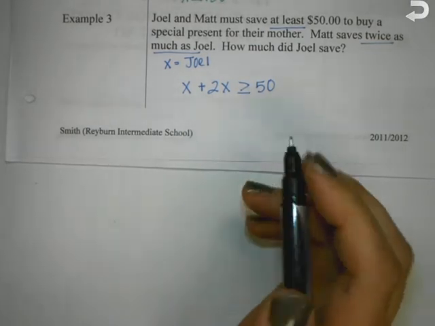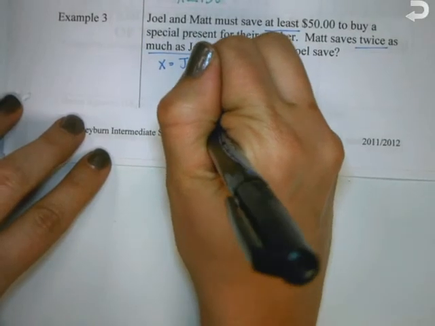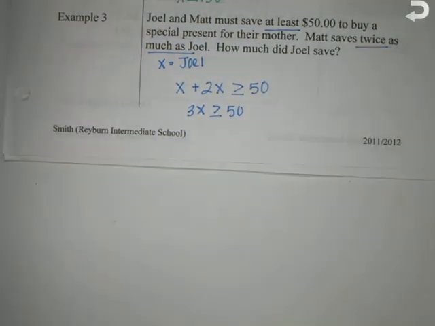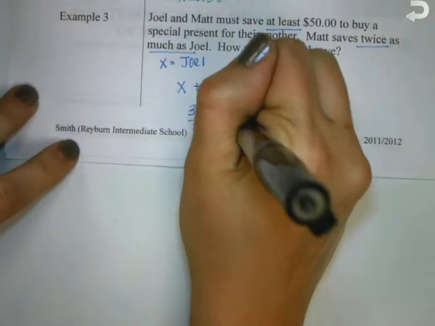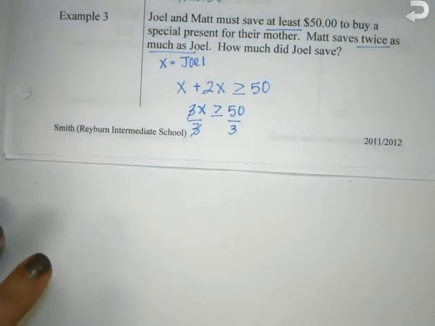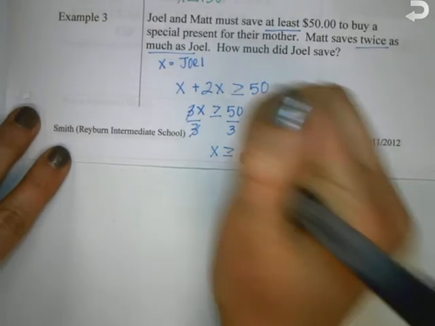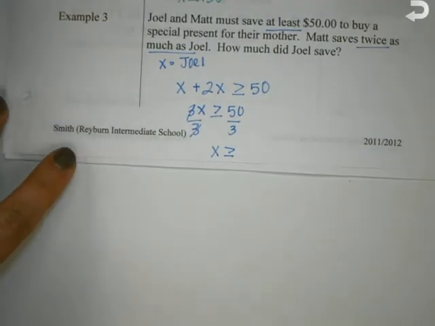So we get 3X is greater than or equal to 50. How do I solve for X? Divide by 3. Now, I did not plan ahead. You're going to get a decimal here. We're going to get X greater than or equal to, it's a repeating decimal, so stop at 2 decimal places.